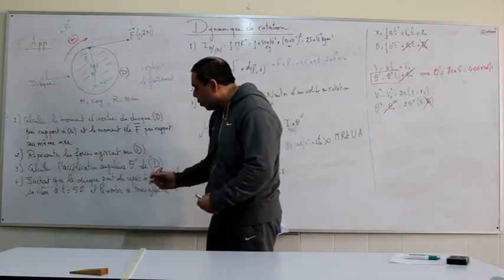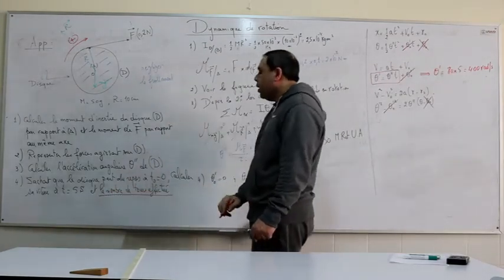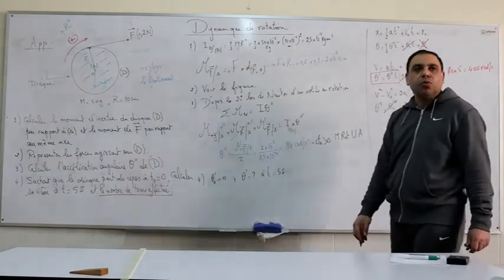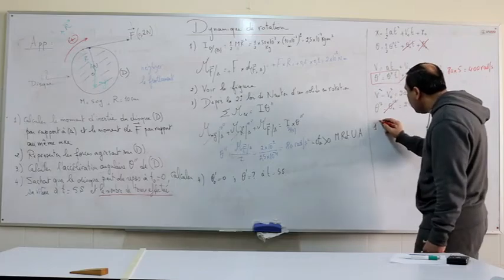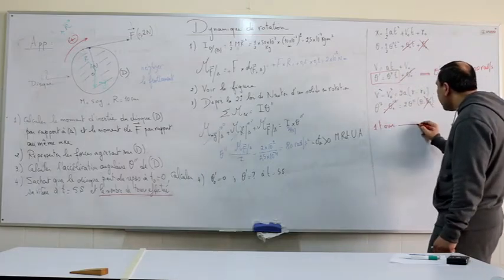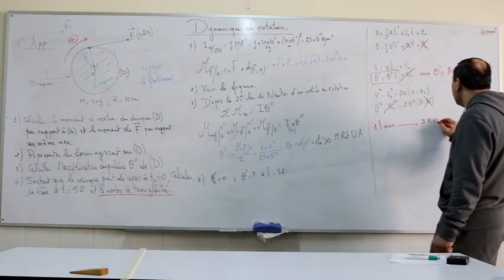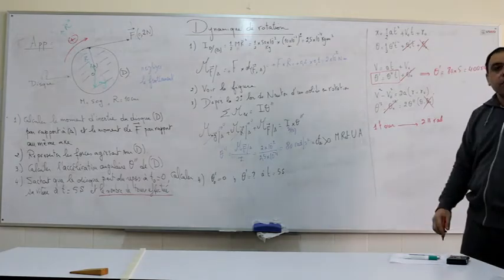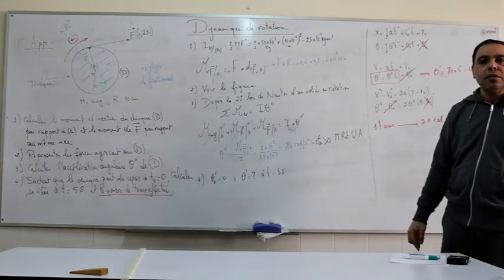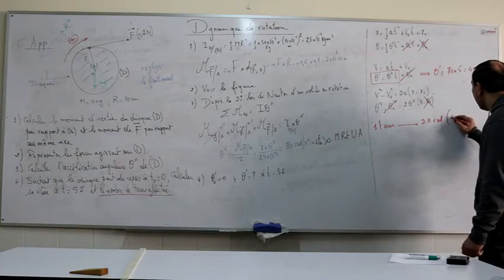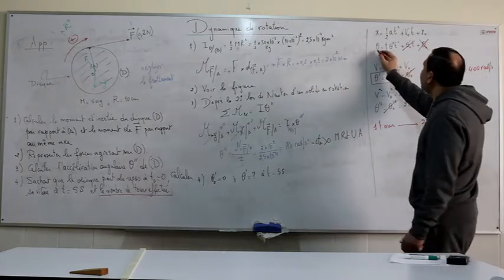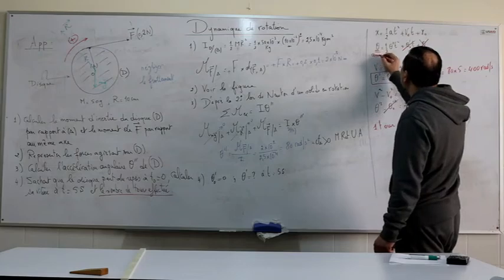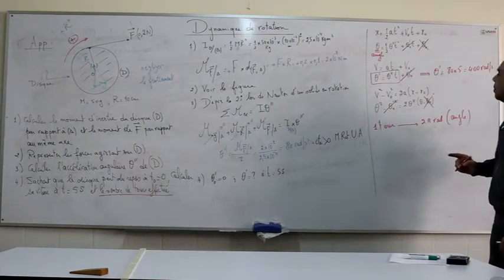Now we have to find the number of turns performed by the disk. So we know that one turn corresponds to 2 pi radians, which is an angle. So in which of our equations do we find an angle? We have to find an angle, then find the number of turns corresponding to the same angle.